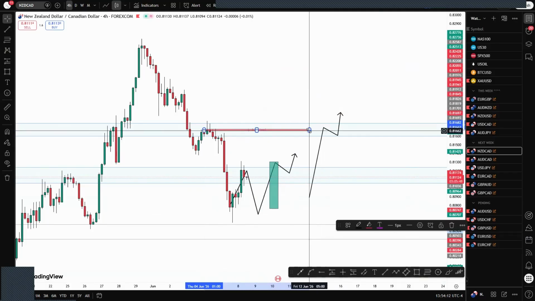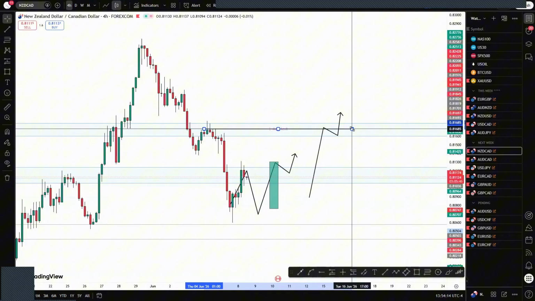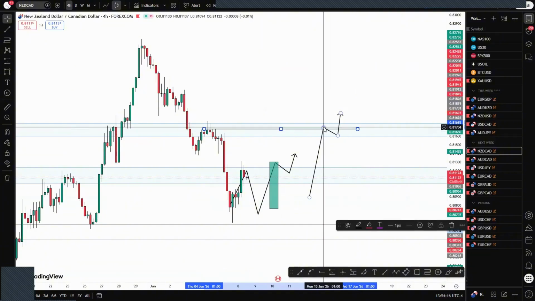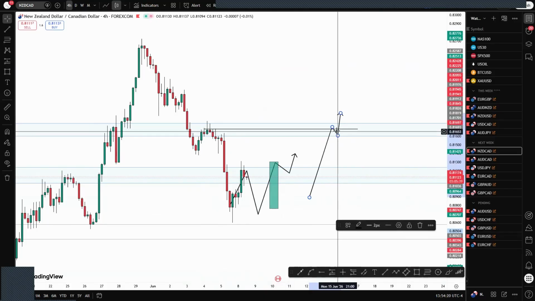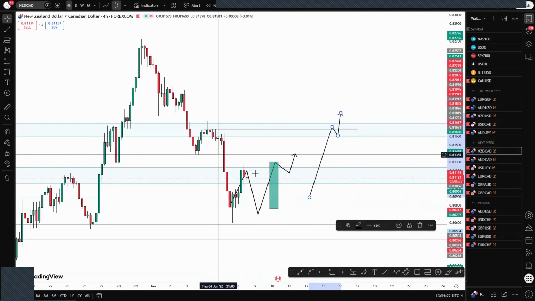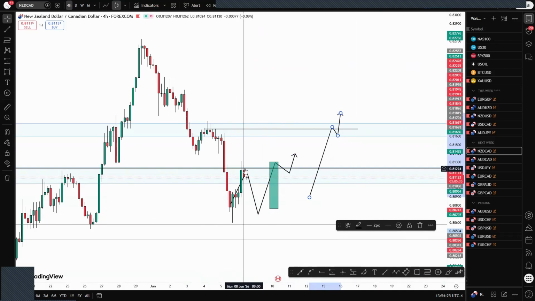Then we can look for buys. That's the only way we can do it. Either price chooses to take out this low or make a new low at this point.